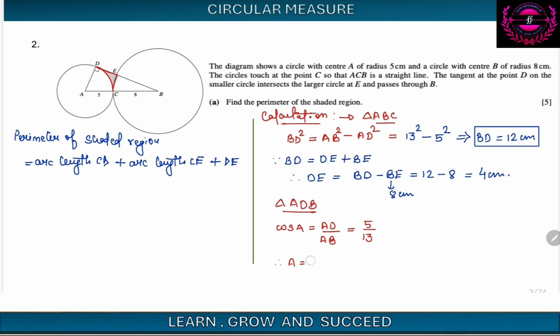Therefore, A equals cos inverse 5 by 13, and put your calculator in radians. So you will get this value as 1.176. As it is a right angle triangle, therefore the value of B will be 90 minus A. As we are taking values in radians, I will write 90 degrees as pi by 2 radians minus 1.176, which will give us 0.3948.